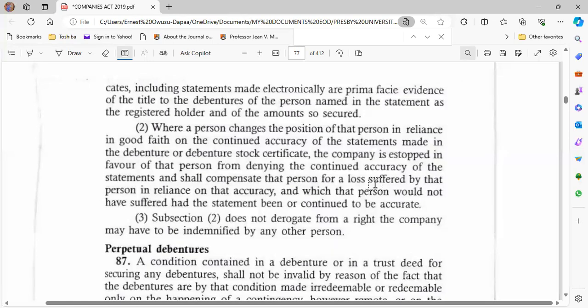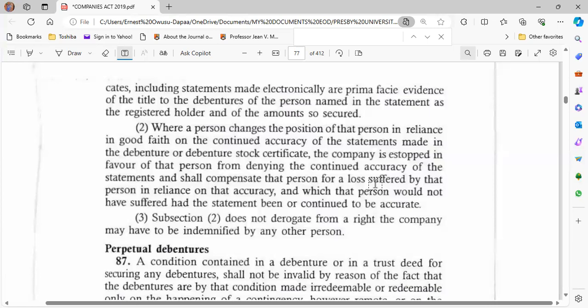So they take it as security. They look at it and everything looks regular on the face of the certificate, and they say, okay, it's true, this gentleman has a debenture of 1 million Ghana cedis, and if you even calculate the interest which will accrue over the period, it's going to get altogether about 2 million Ghana cedis. So we like to do business with him. So they give you a facility or they give you something on credit.